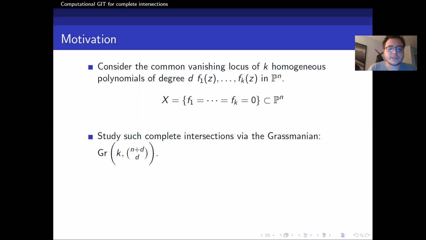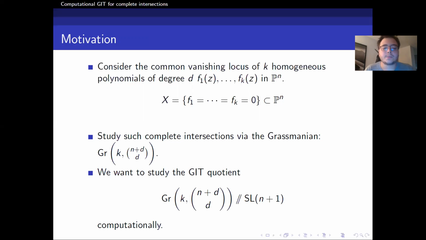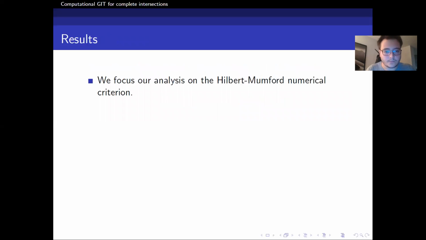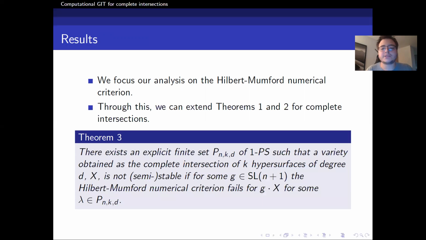We usually study these complete intersections through the Grassmannian. So essentially, we want to study the GIT quotient between the Grassmannian and the SL_{n+1} reductive group, which is the natural reductive group for this action. Focusing on our analysis of the Hilbert-Mumford numerical criterion, we can extend in some way Theorems 1 and 2 to complete intersections. In fact, we find the following.